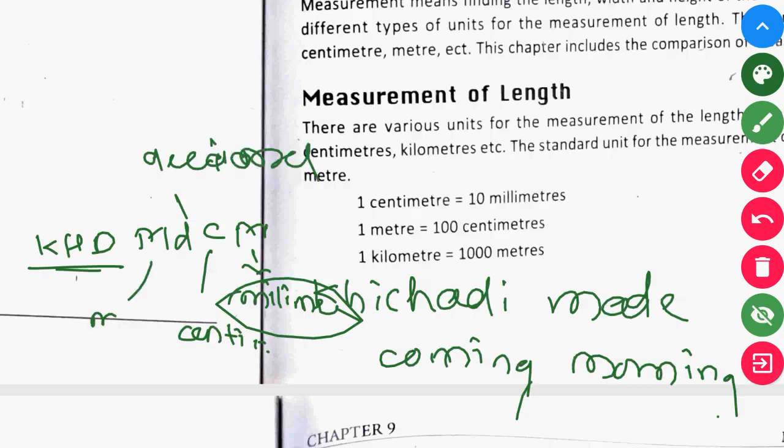This M stands for meter, this D stands for decameter, H stands for hectometer, and K stands for kilometer.